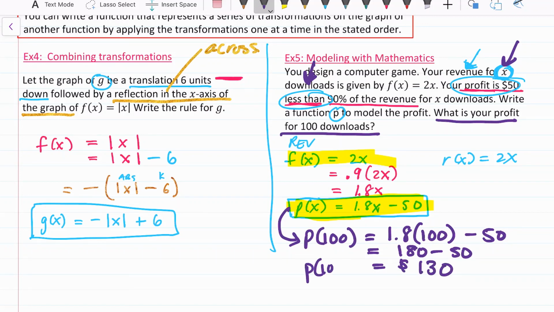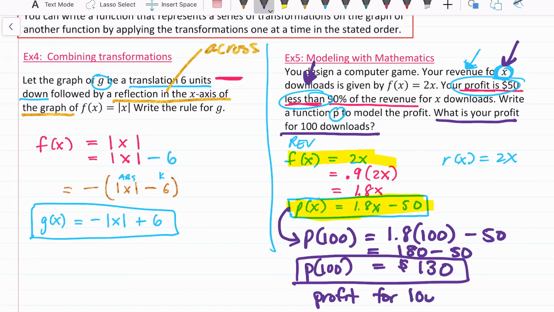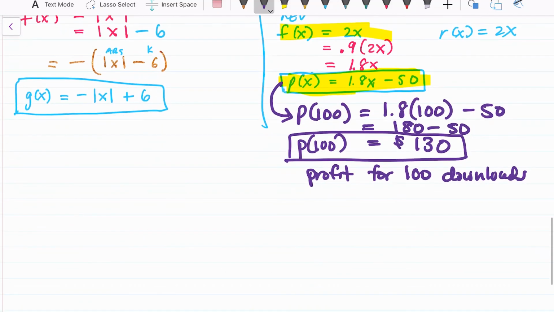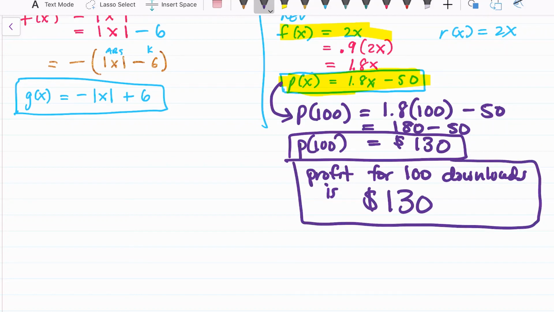The profit for 100 downloads is $130. When you write money, please put the dollar sign in the front, not in the back. Even though you say 130 dollars, you do not write the dollar sign after the 130, even though that's done quite often in social media and other places, it's not accurate.